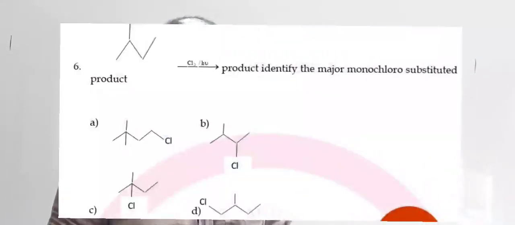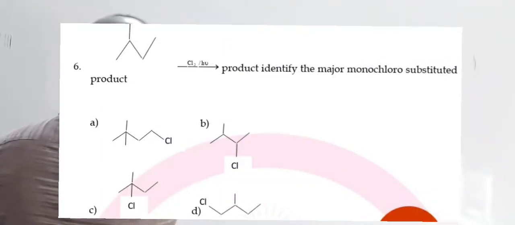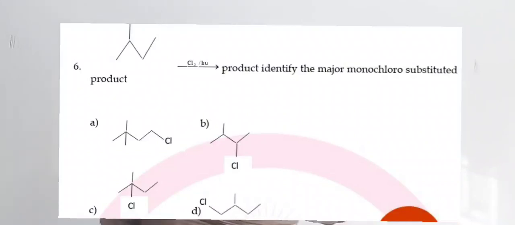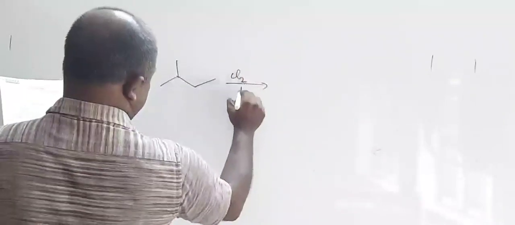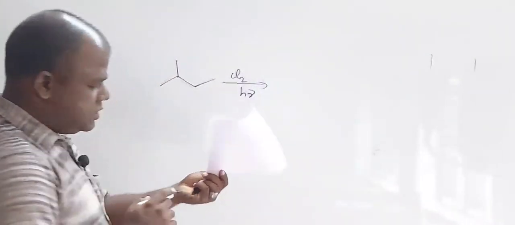Question number 6. A reaction is given in bond line formula and you are asked to find the products. See, 2-methyl butane reacted with chlorine in light. Substitution happens.